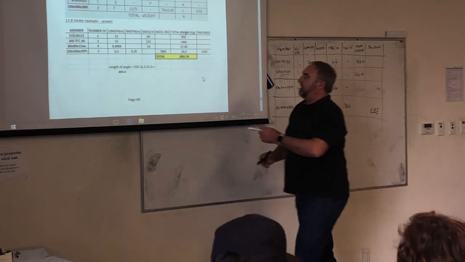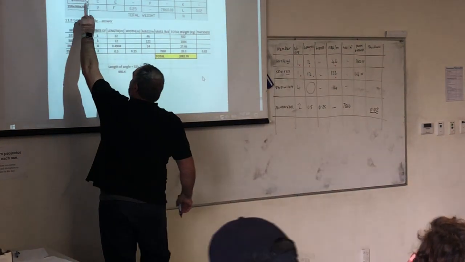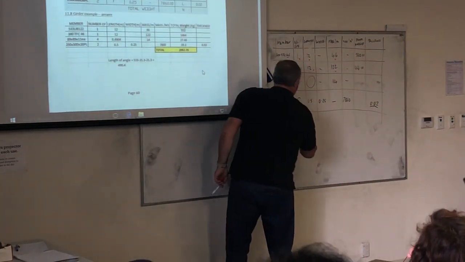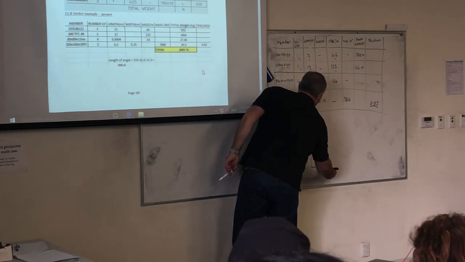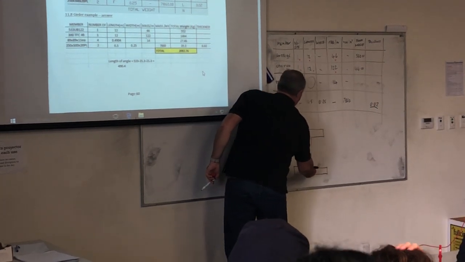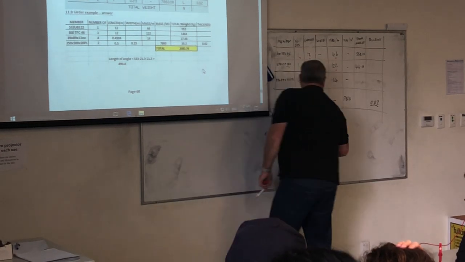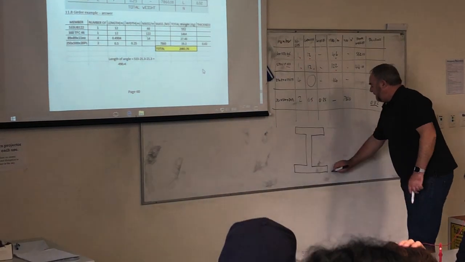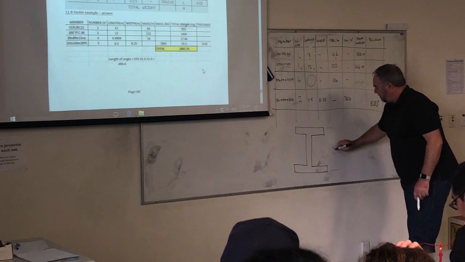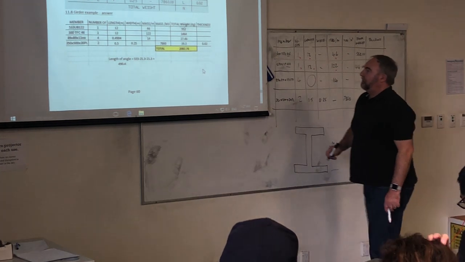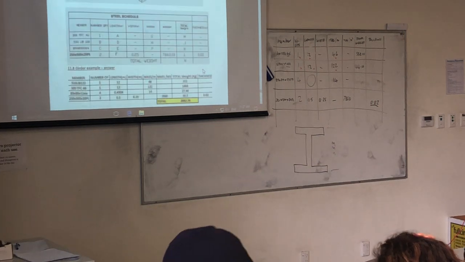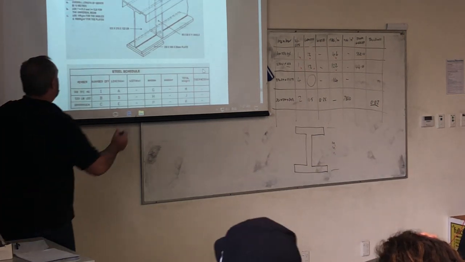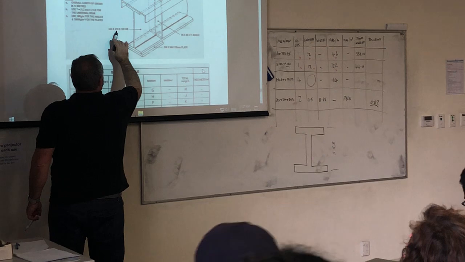So looking at the beam, it's 533 UB 122. Now that 533 is the height, and it's also been called up, it's also got the width on it. The width is right there, 210.